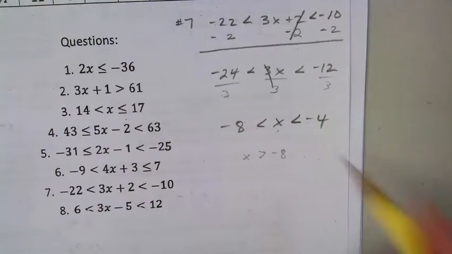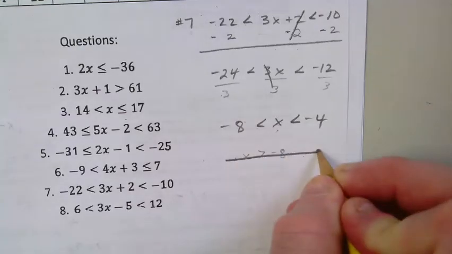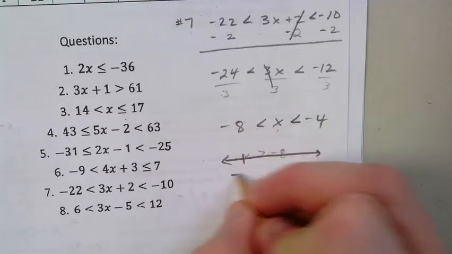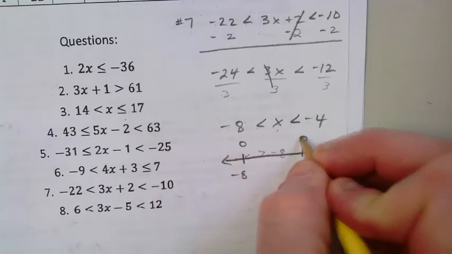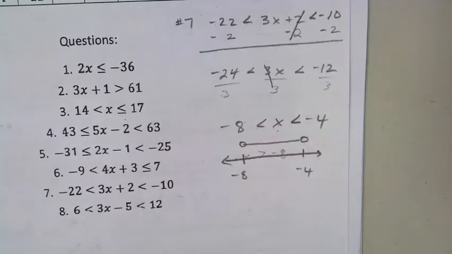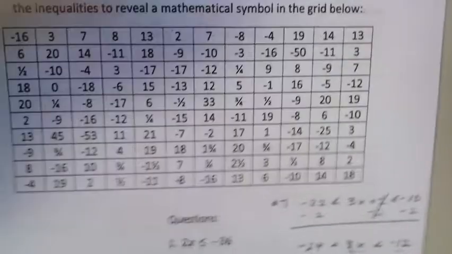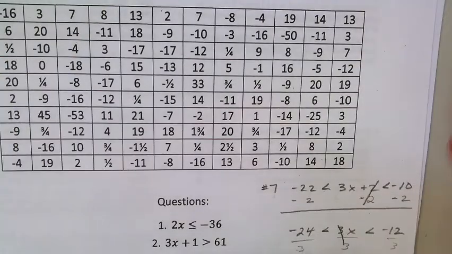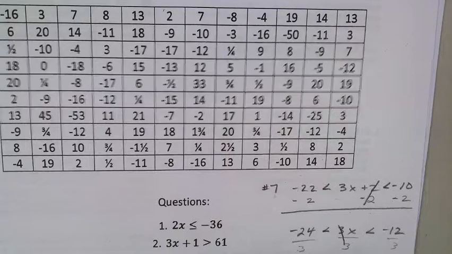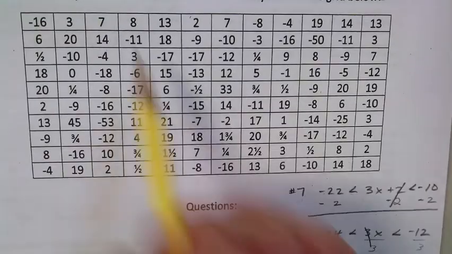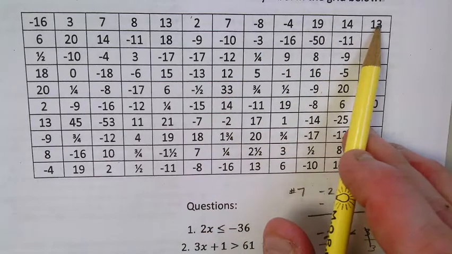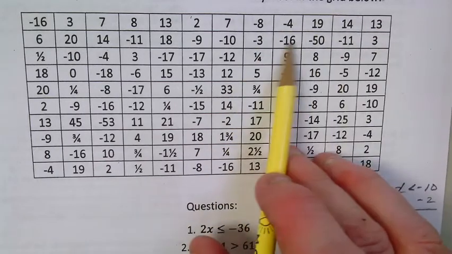So that's the range. If I wanted to graph this out, I'm at negative 8, negative 4. I am not including those two, and everything in between. So as I look up here, I have to go through all of these and ask myself what numbers would be between those. Negative 5, negative 6, negative 7.